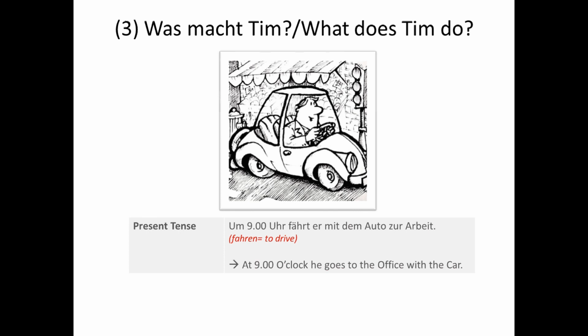So the complete sentence is 9 Uhr fährt er mit dem Auto zur Arbeit. Fahren is the verb to drive. At 9 o'clock he goes to the office with his car. With the car, because here it is mit dem Auto. Mit is with. Okay guys.